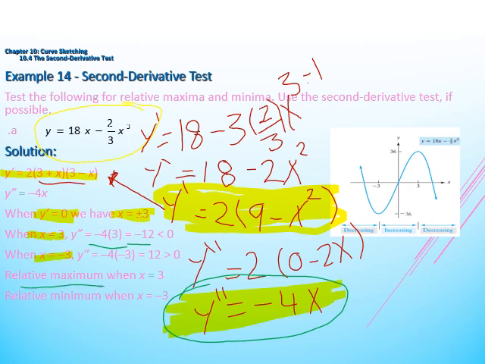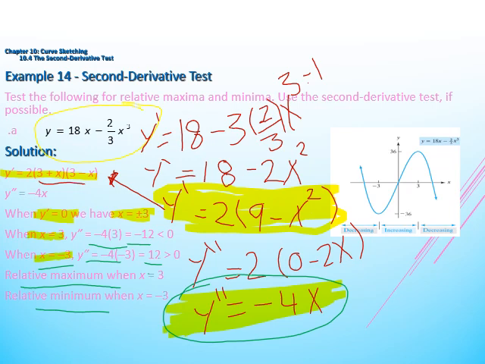So we have a relative maximum at x equal to 3. And when x equal to negative 3, y double dash equal to negative 4 times negative 3, which is a positive value, greater than 0, and so we have a relative minimum at x equal to negative 3.